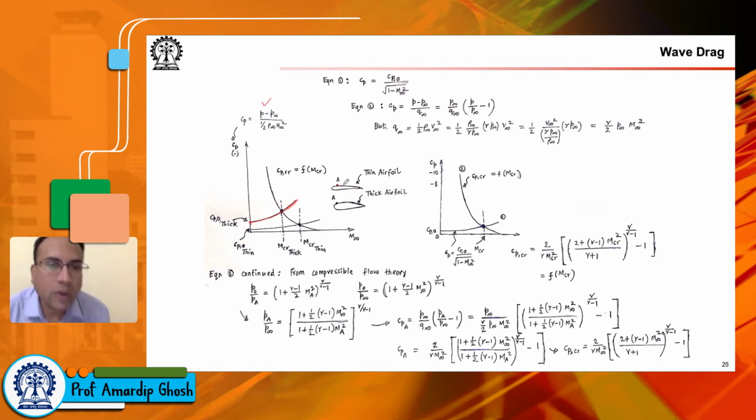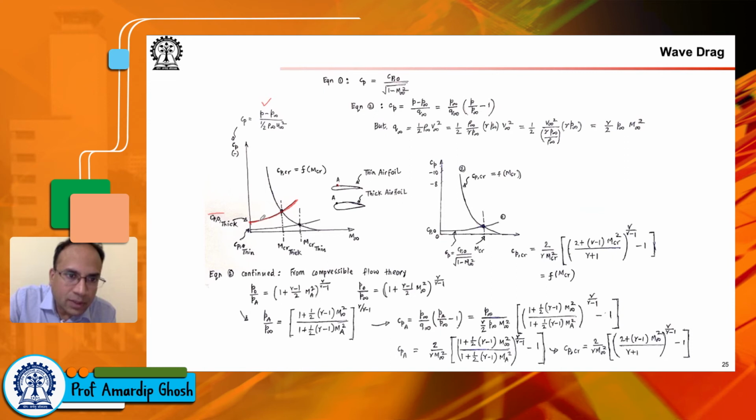So point A is the point where the maximum velocity or maximum Mach number, hence the minimum pressure, occurs. That's the point where you are having the highest Mach number. So when you arrive at Mach 1, your point A is going to reach Mach 1 before any other point reaches Mach 1. So first you find Cp0, that is, Cp at point A at a low enough Mach number.